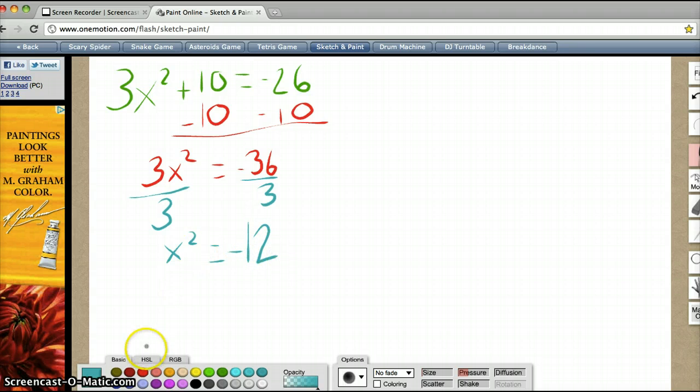Okay, now again, we want to get x by itself. So we're going to take the square root to get rid of that x squared, and we need to take the square root on the other side. So we got rid of our square here, and we have x equals the square root of a negative 12. Now again, you cannot have a negative underneath a square root, so you're going to have to add an i. So let's break apart this square root.